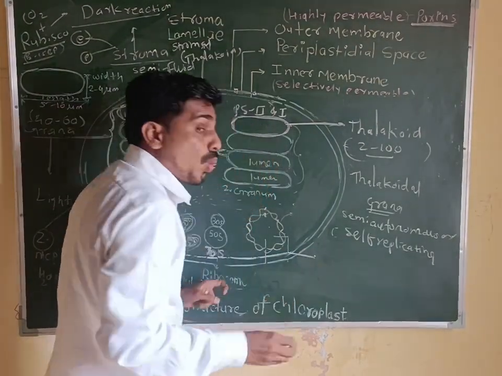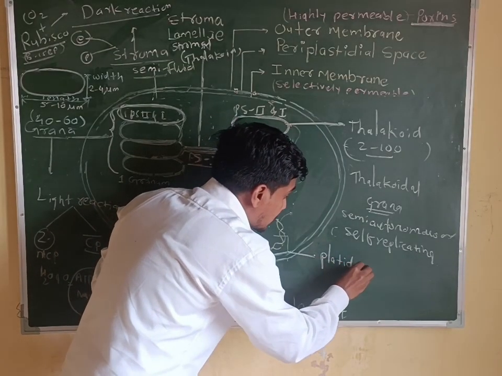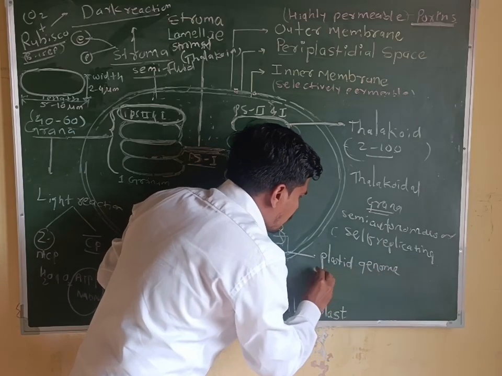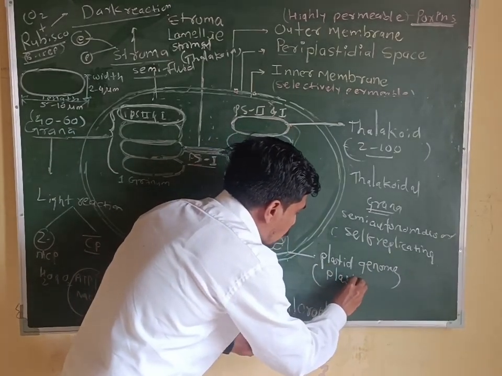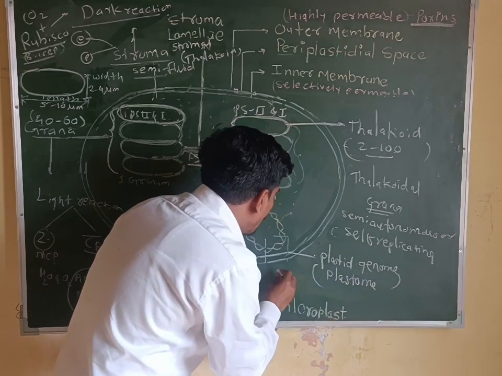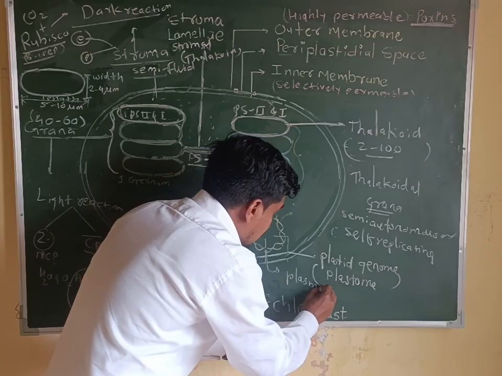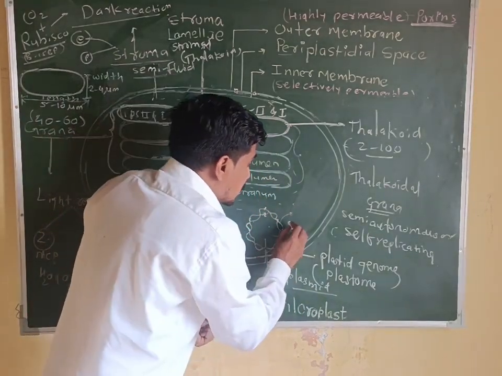The chloroplast's own genome is known as the plastid genome, and the plastid genome is also known as the plastome. Commonly it is also called the plasmid. This plasmid is circular in nature.